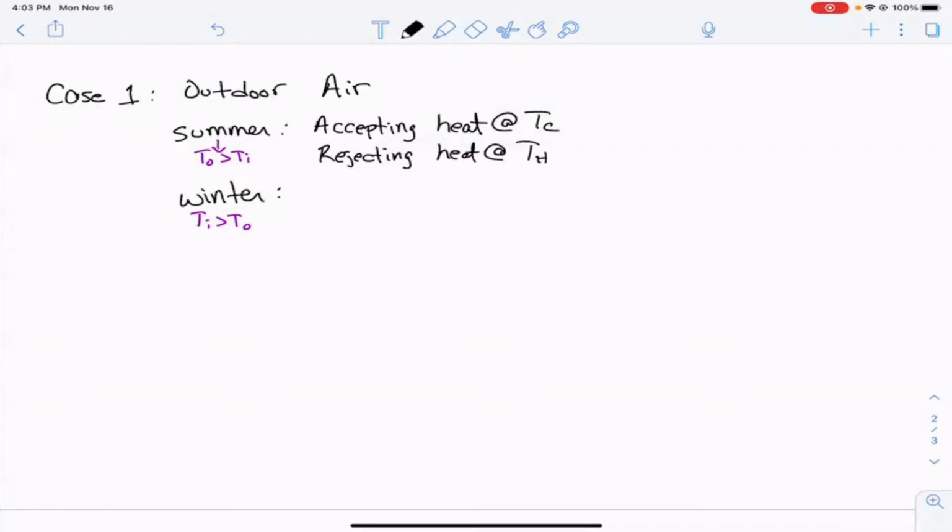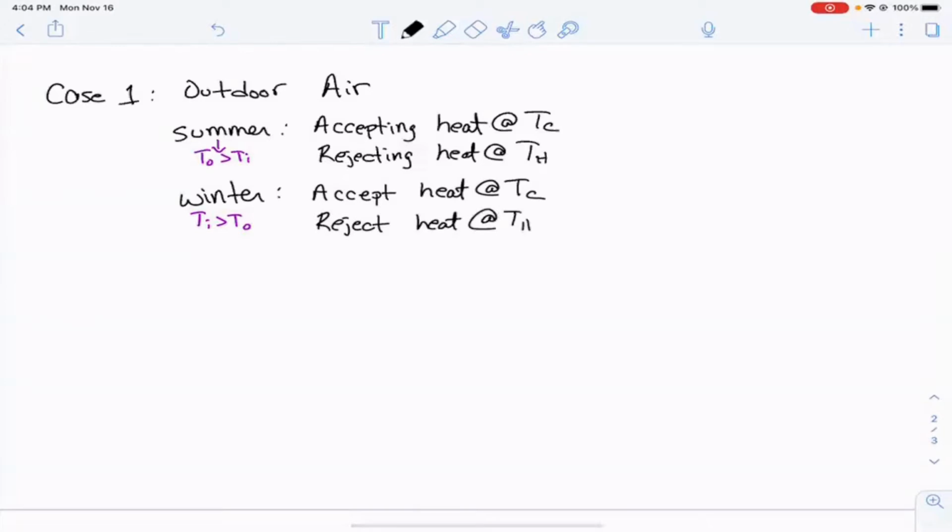If you're inside a house, you have to be able to accept heat, or the heat lost or rejected by the system is inside. So again, we are going to accept heat at the outside temperature, which is T cold, and we are going to reject heat into the space at T hot.